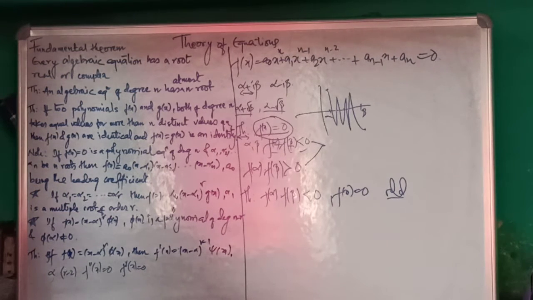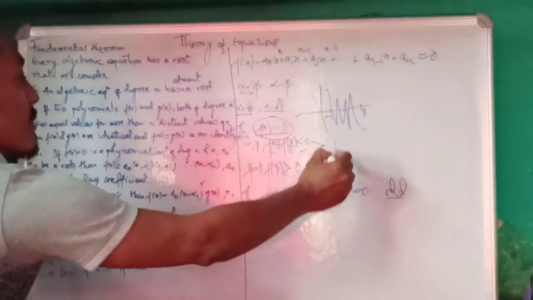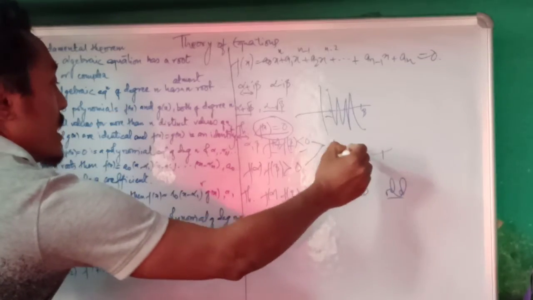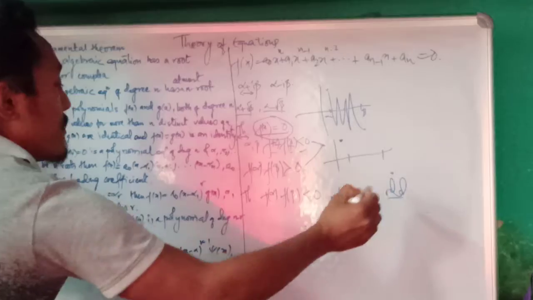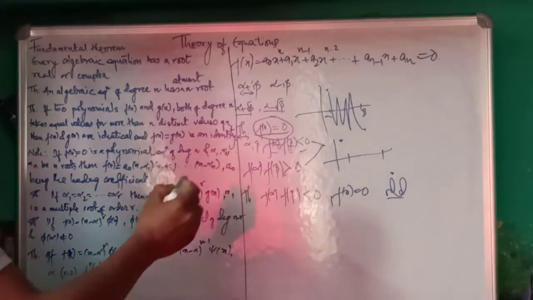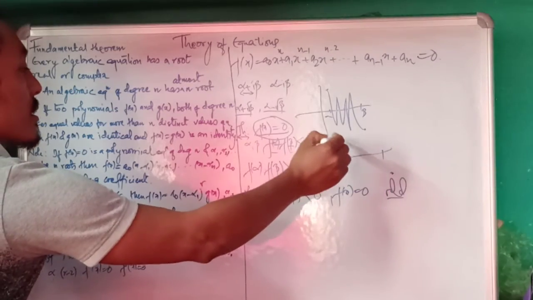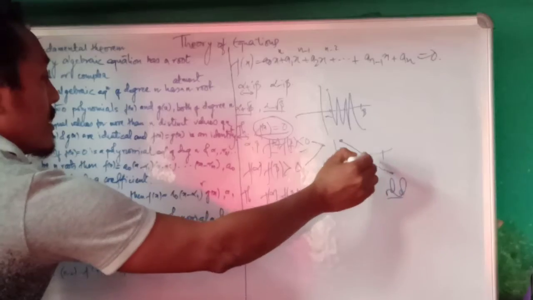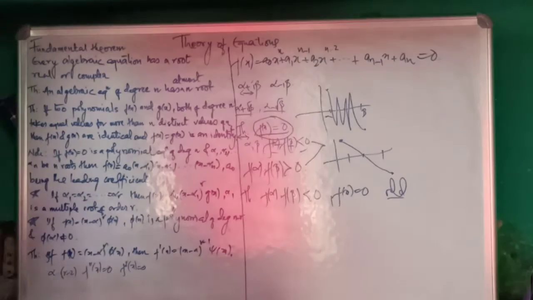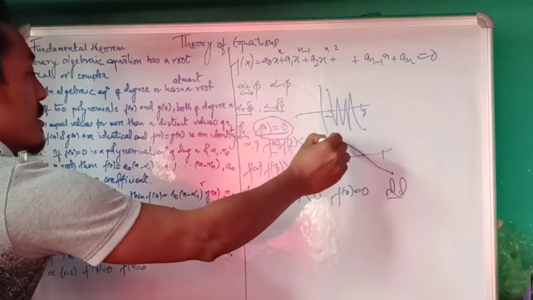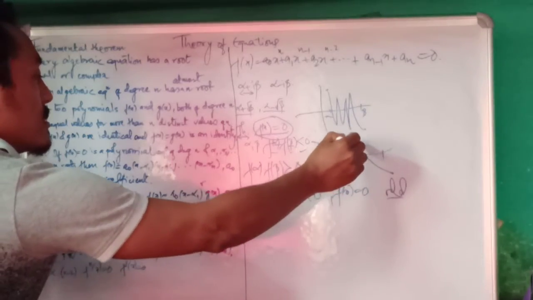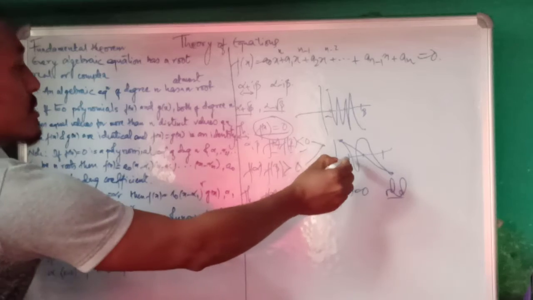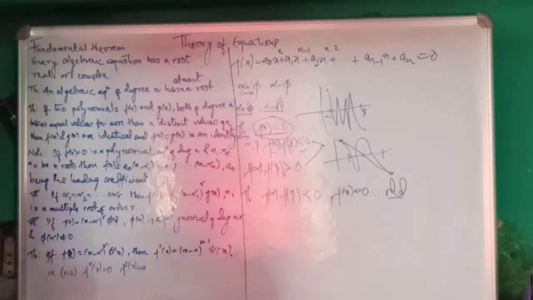Now geometrically also we can prove this. Suppose alpha is this, beta is this, f of alpha is this, f of beta is this. Now if you want to reach beta, draw f of x, then one crossing. Suppose this: how many crossings? 1, 2, 3 crossings.